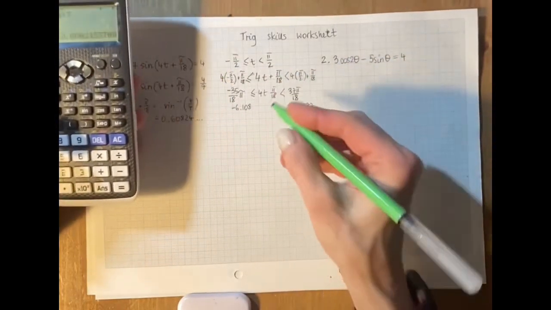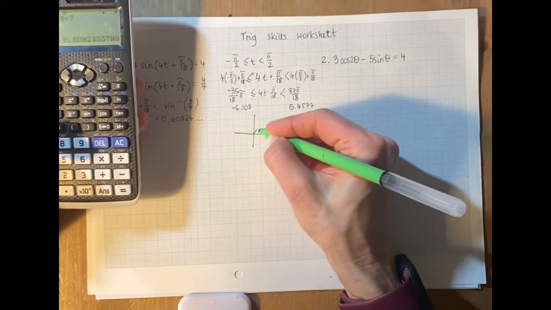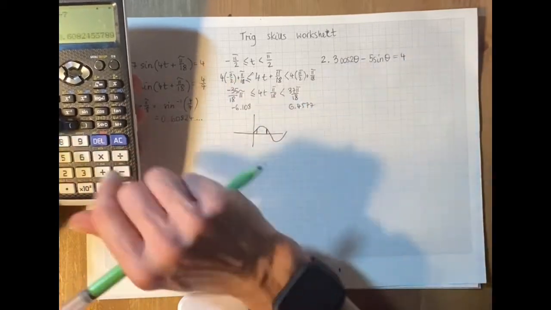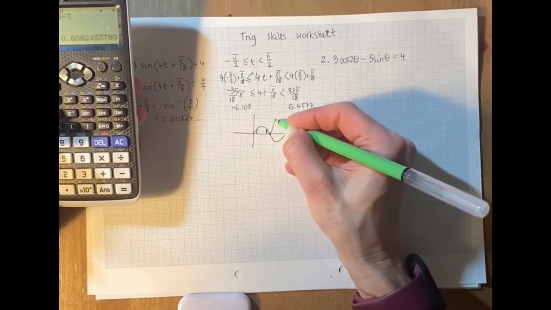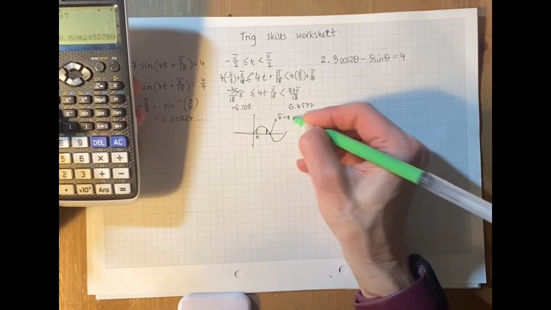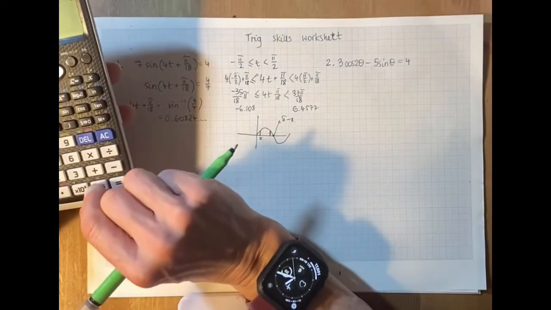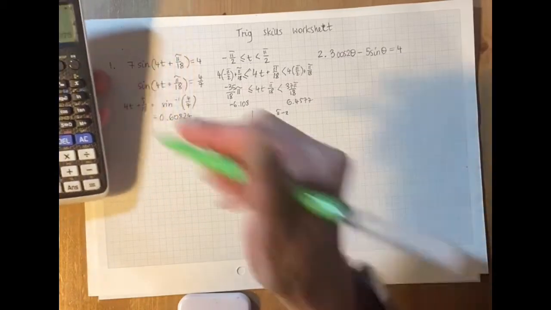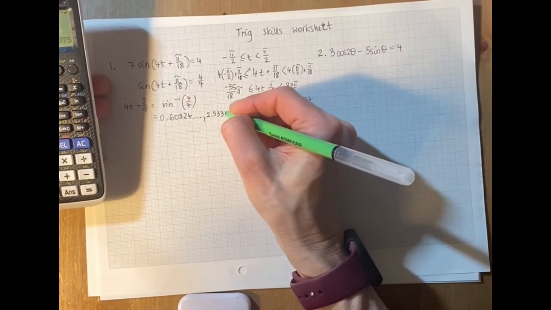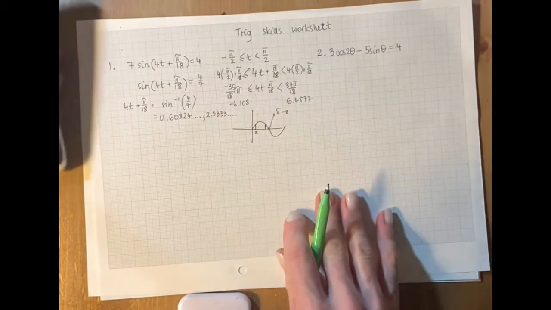The second angle, remember the sine graph looks like this. Once you've got this angle, the second angle is going to be pi minus this angle, if this is x, so pi minus x, so it's pi minus ans, which is 2.5333, etc.